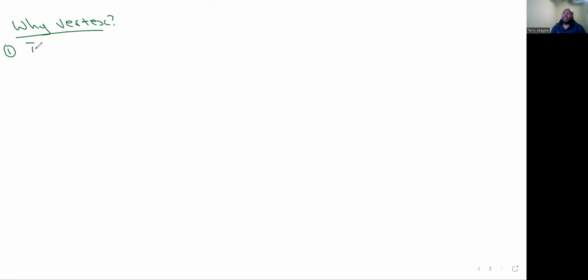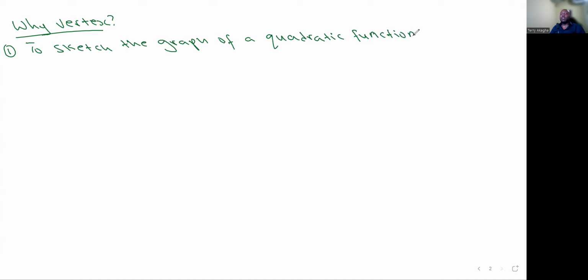So number one, it helps you to sketch the graph of a quadratic function, usually when having only seen its equation.